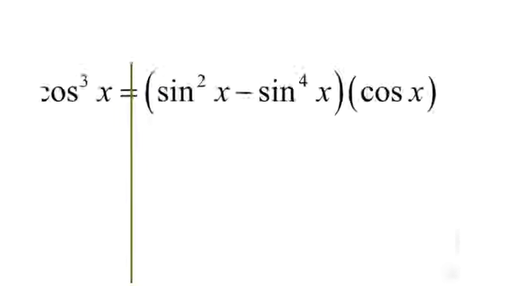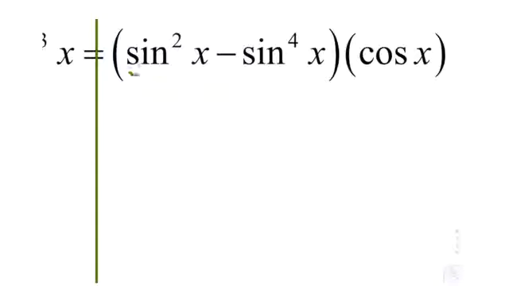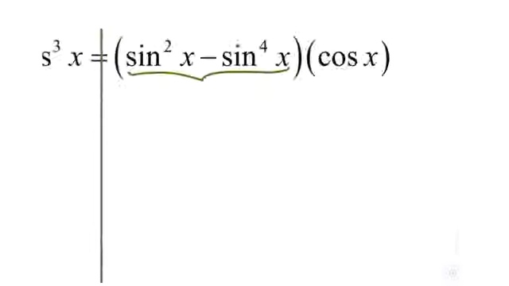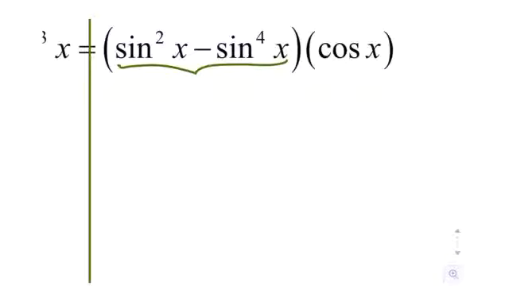All right, let's go through this one. Most people started on the right because there looked like there was more stuff. Sine squared minus sine to the fourth, interestingly enough, is a difference of squares, right?